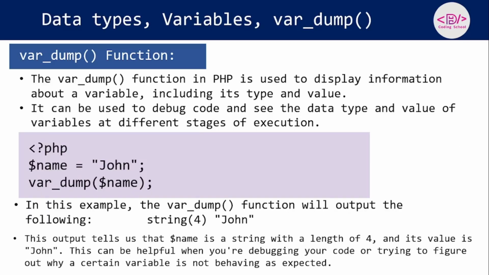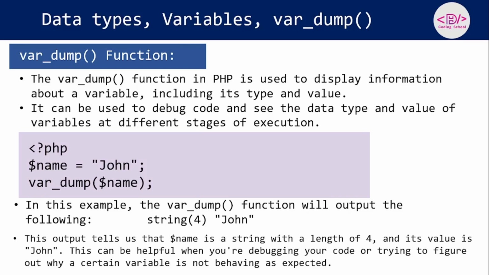So let's talk about var_dump. I mentioned var_dump a minute earlier. The var_dump function is a PHP function that is used to display information about a variable, including its type and value. It can be used to debug the code and see the data type and the value of variables at different stages of execution. Normally var_dump is used so much when we are debugging.